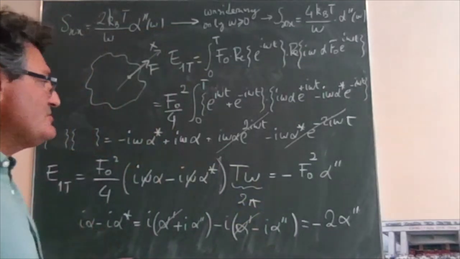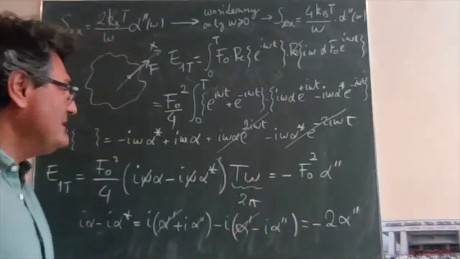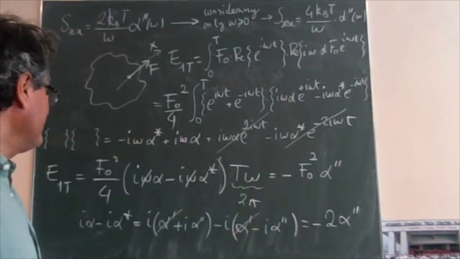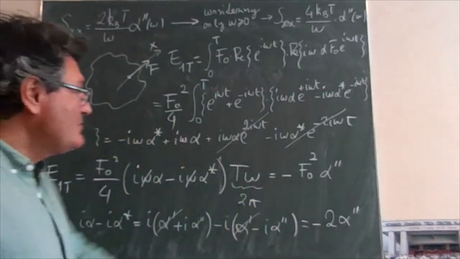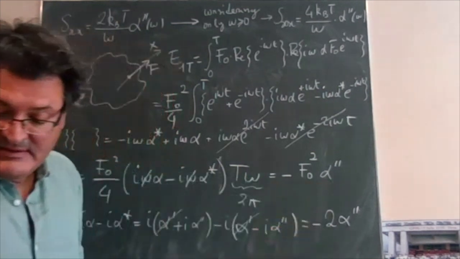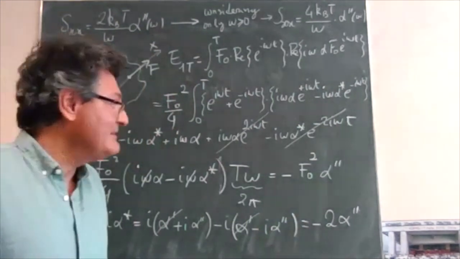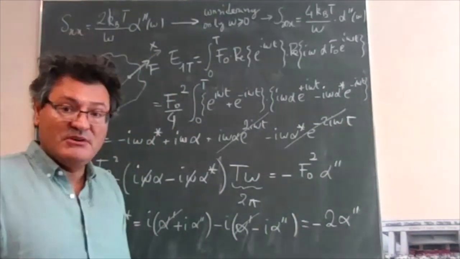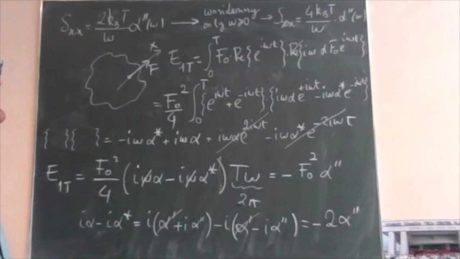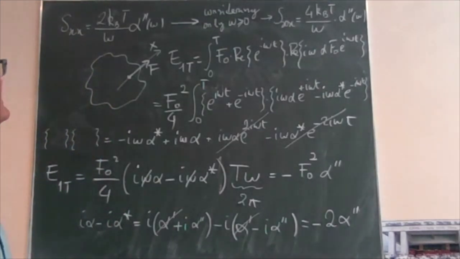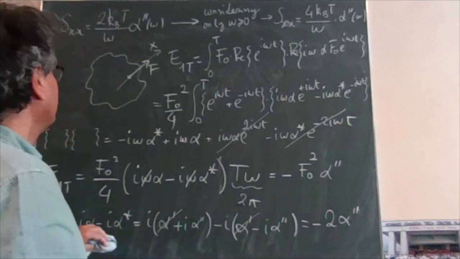And it is proportional to the force squared, and is proportional to the alpha second, okay? So the imaginary part of the response function of the system. So this is a kind of remarkable result.